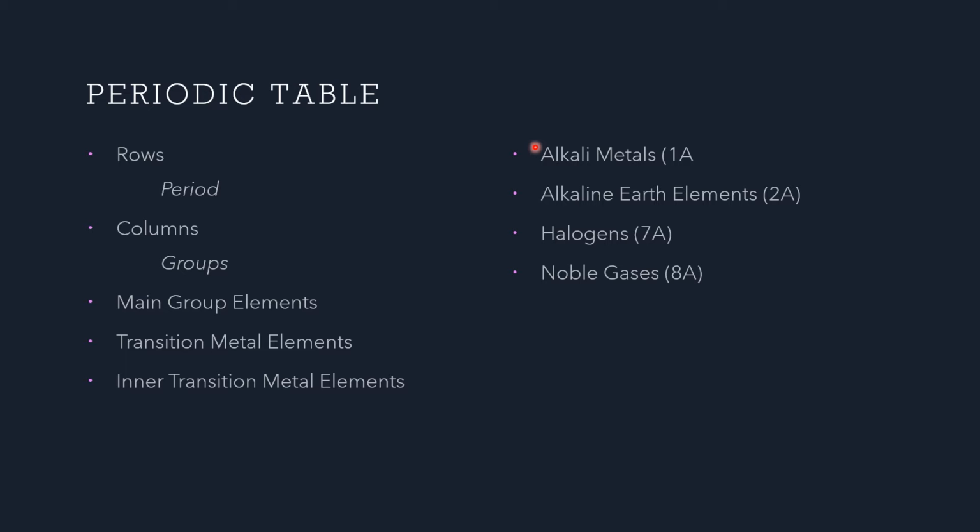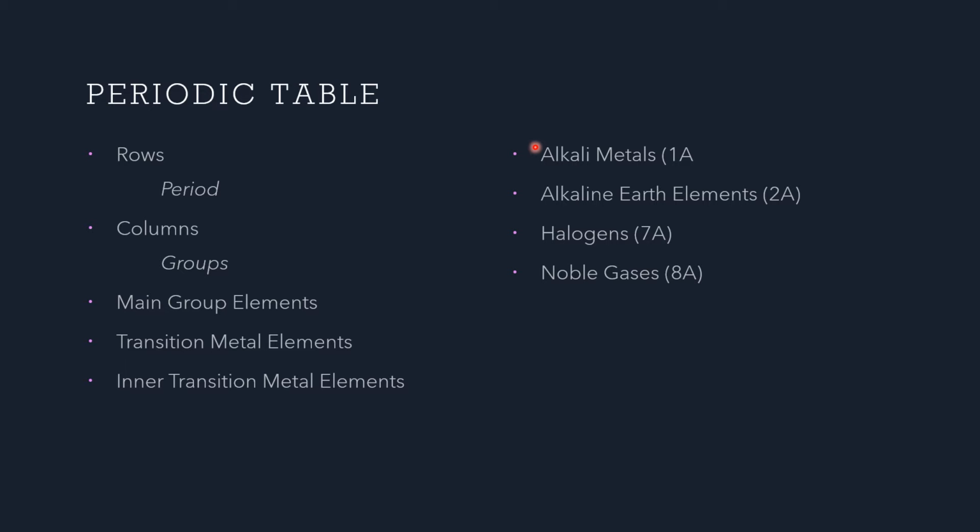Those four elements are probably the most important of the alkali metals. We find those a lot in different types of molecules. We also have the alkaline earth metals, which is 2A: beryllium, magnesium, calcium. Those three are the most important in the alkaline earth metals for you to know.